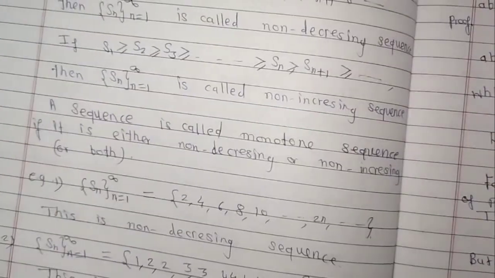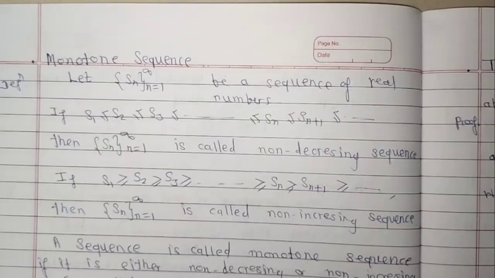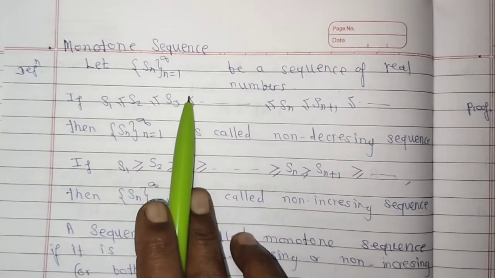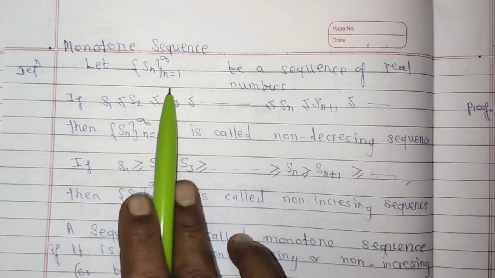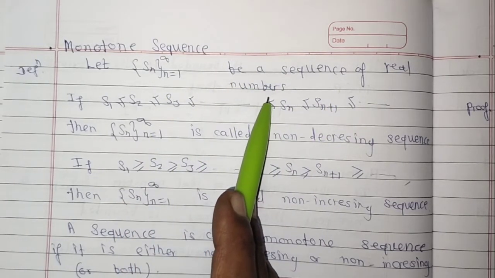Now we consider monotonic sequences. Let us consider the definition of a monotonic sequence. Let the sequence Sn, n going from 1 to infinity, be a sequence of real numbers.